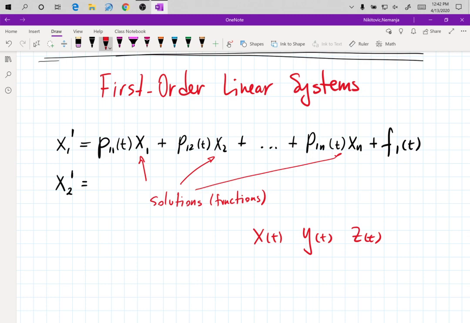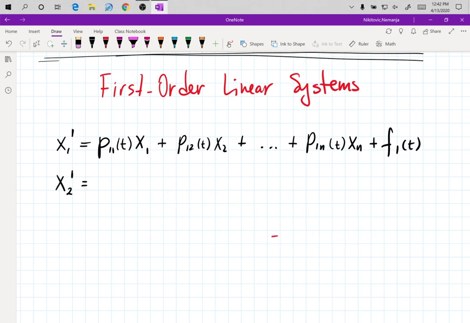So, when you have 23 functions, that's x1 through x23, and then you need all other variables as well. So it gets a little bit annoying to have different letters. That's why we use x1, x2, x3, and so on. I hope that now makes sense. So now we're going back and we say x1 prime is equal to all of that mess.